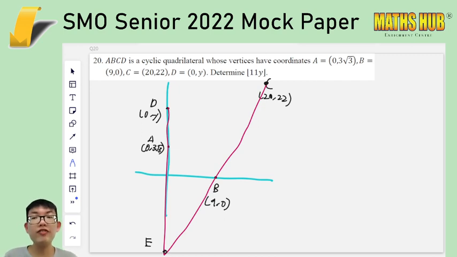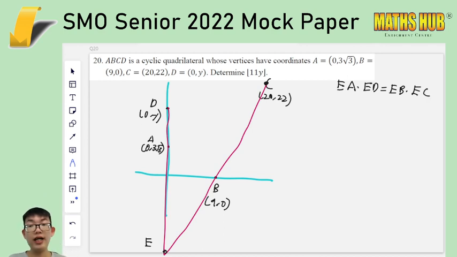And what I want to say is that if this is a cyclic quadrilateral, then by my intersecting secants theorem, EA times ED should be equal to EB times EC. Now, why is it that I like this?